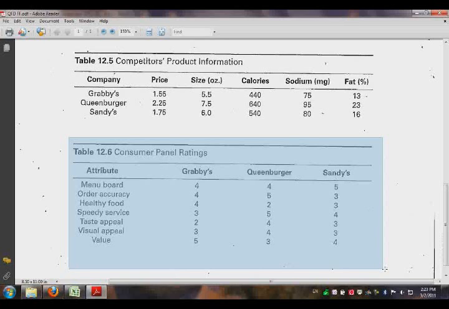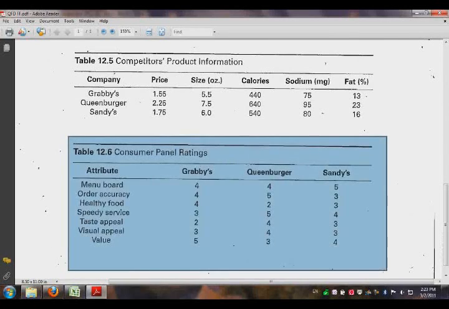So this is the consumer panel rating for the competitors. This problem requires us to use the QFD method to help Bob design his new product. Basically, it's what type of burger the company is going to offer. So here is the problem.